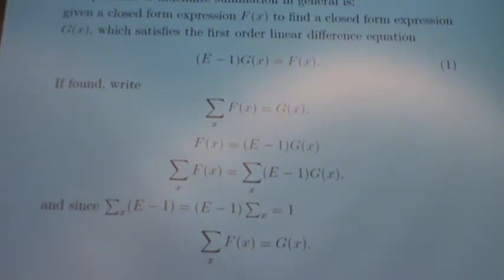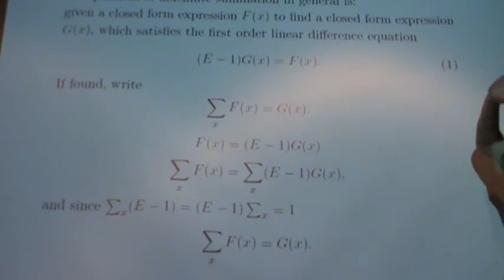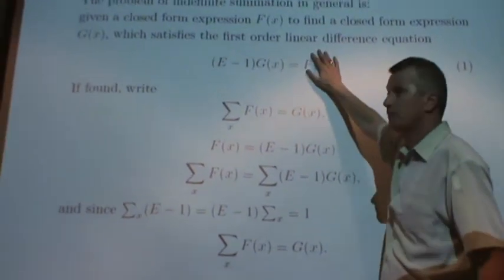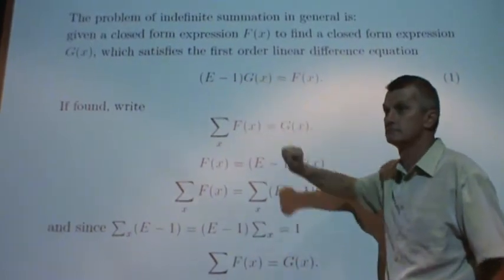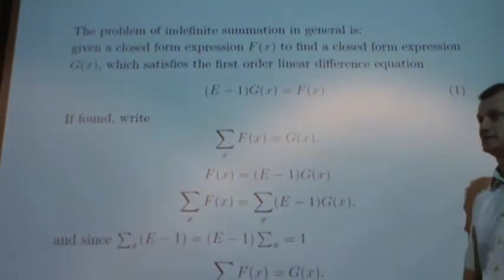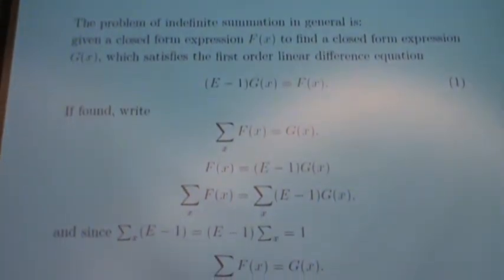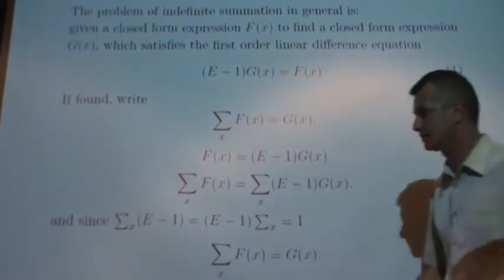So that's the part where, I can just hope that only this part is boring. This is the definition: a function f is summable if we can find a solution of this first order recurrence, and then we write the indefinite sum of f. For people who came late, even though you shouldn't come late, E is the shift operator with respect to x.